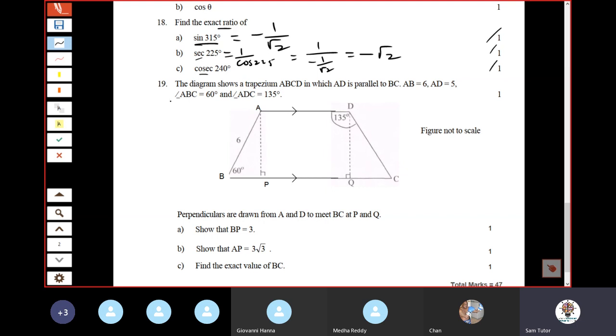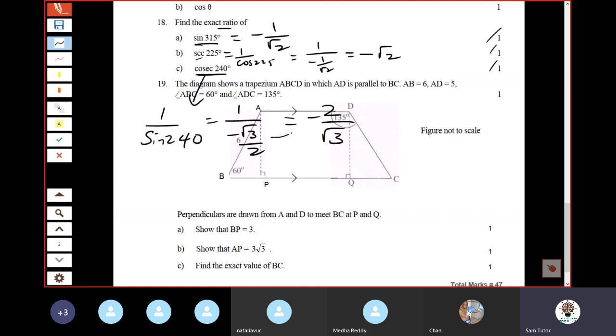All right, you guys. Last one. Cosec 240. Cosec would be 1 over sine. 1 over sine 240. Plug sine 240 in your calculator. And then you should get -2 over root 3.